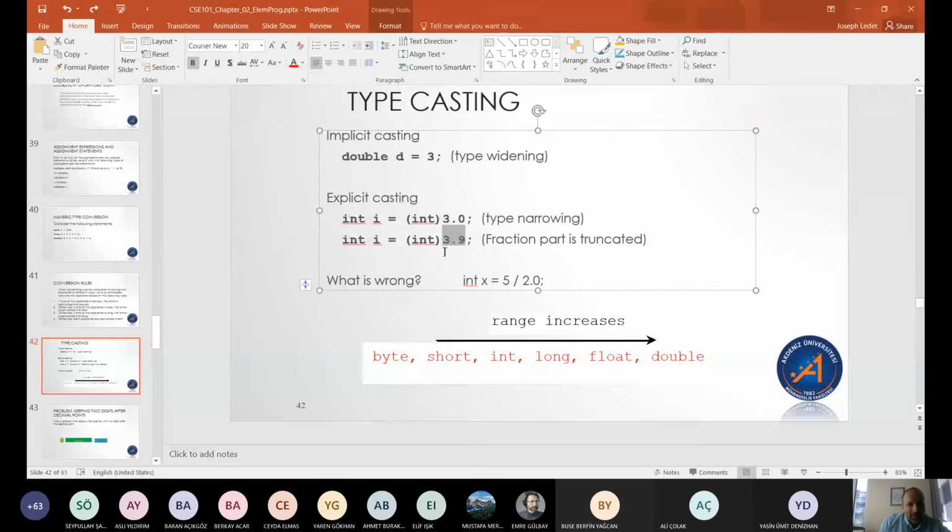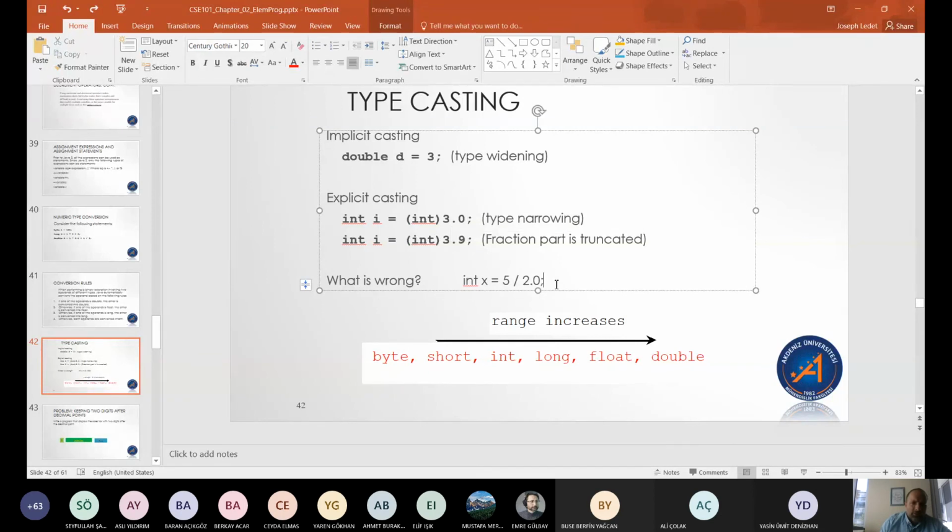Same thing with this. The thing is, if we do this, the 0.9 is lost because it's a partial, it's not a whole number. So we lose the 0.9 when we do that.